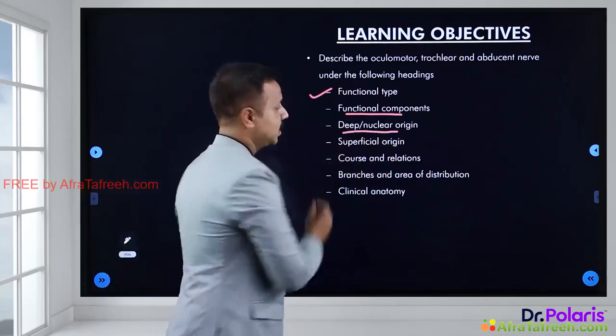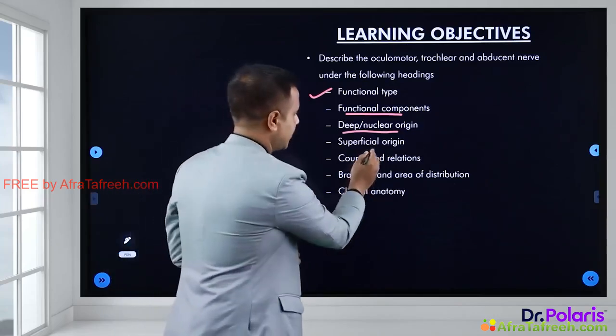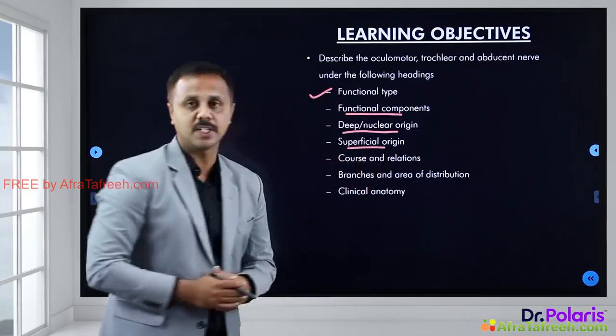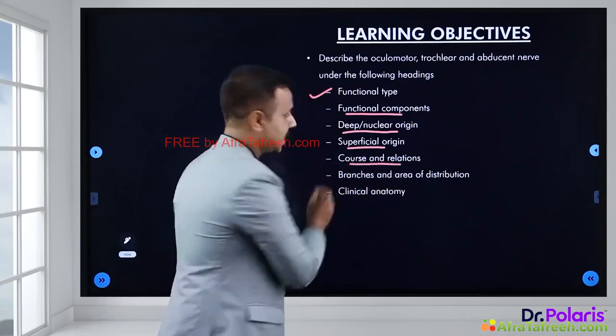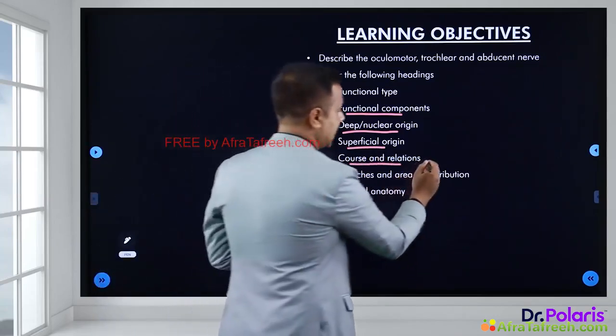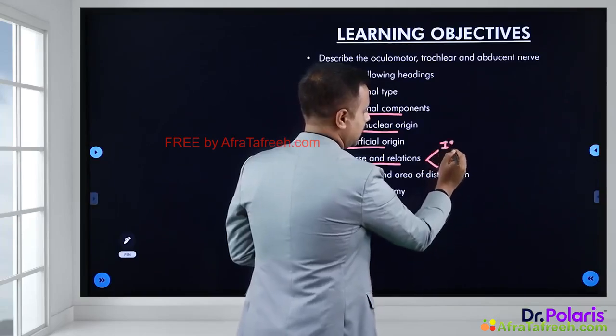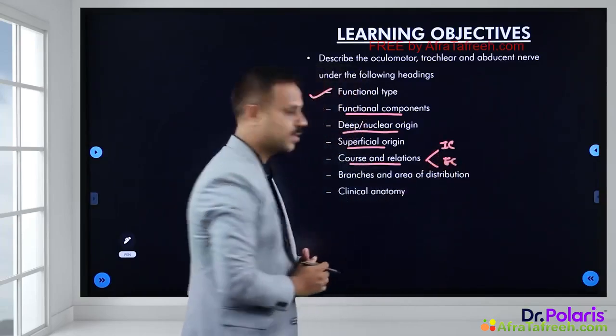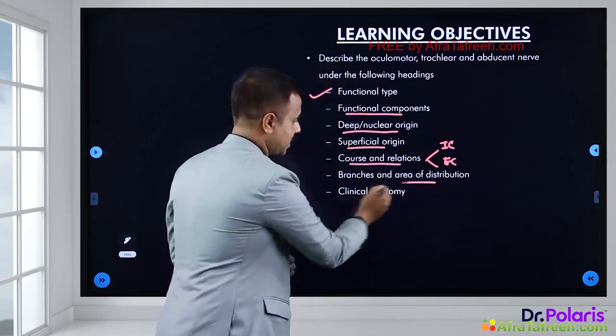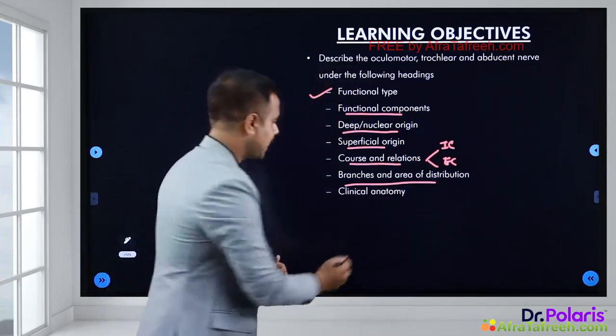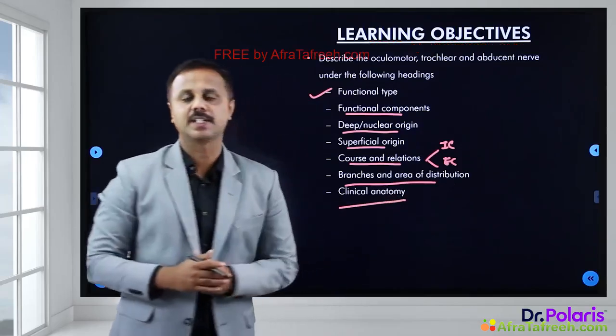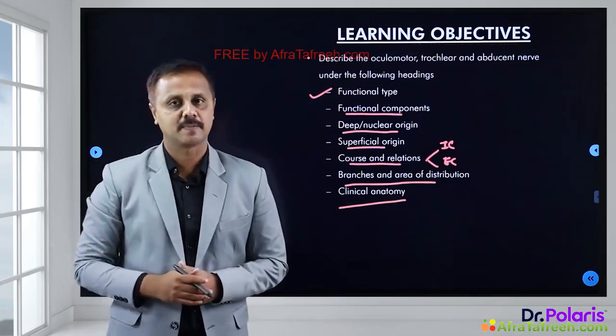The deep or nuclear origin, the superficial attachment or the superficial origin. Then we have the course and relations, in which you will describe it under intracranial and extracranial course. Then branches and area of distribution. And finally, we will discuss the clinical conditions associated with these nerves.